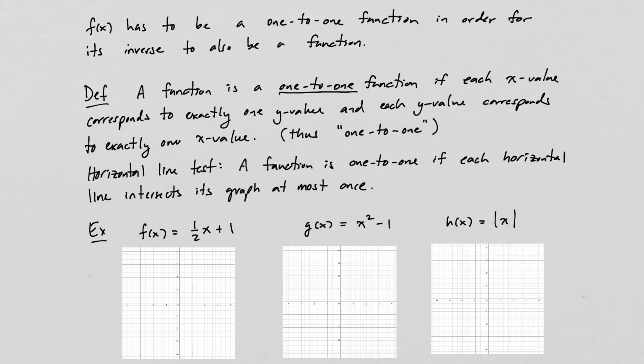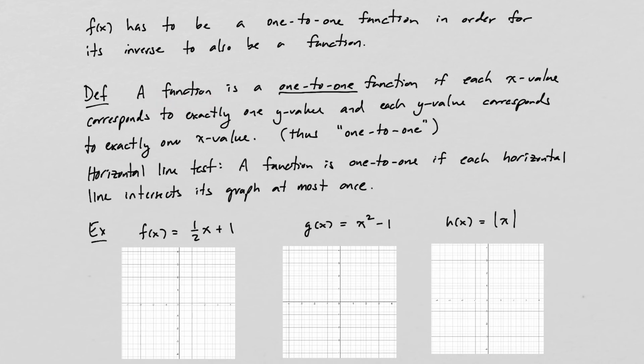And so the idea is very simple. A function f of x has to be a one-to-one function in order for its inverse to also be a function. What is the definition of a one-to-one function? Here it is.